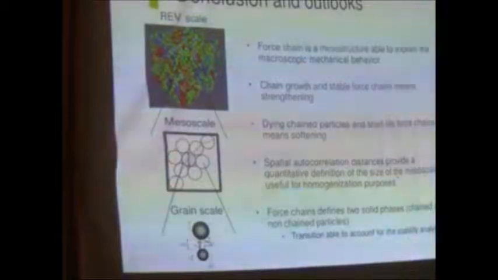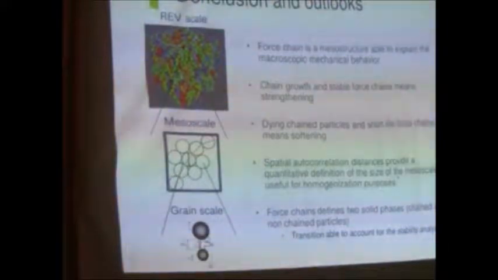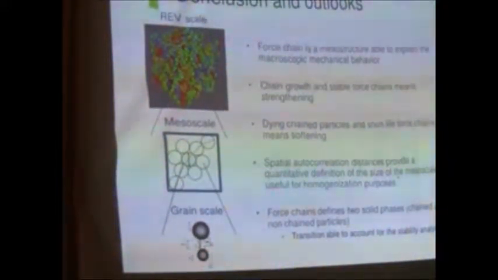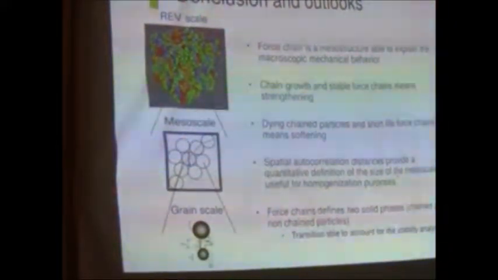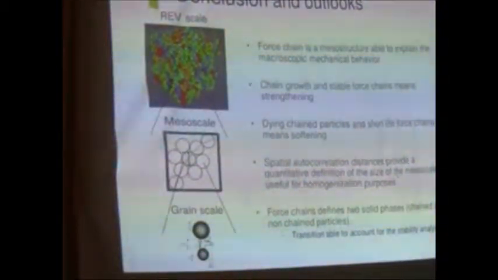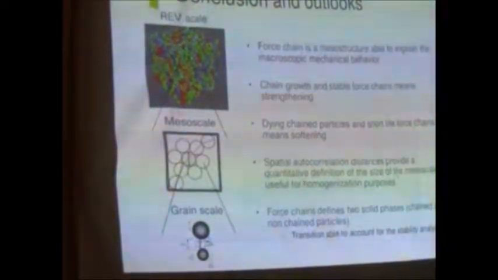The interplay between the ability of particles to go from chain to non-chain and reversed explains whether you have a stable or unstable material. If the same amount of particles goes from one phase to the other, the material is able to adapt to the evolution of the external loading. If you have more dying particles than born particles, you get the initiation of instability.